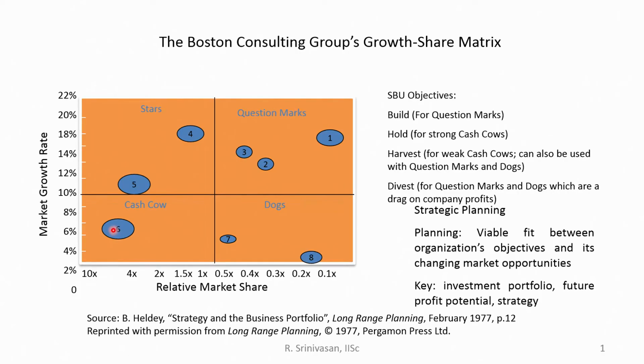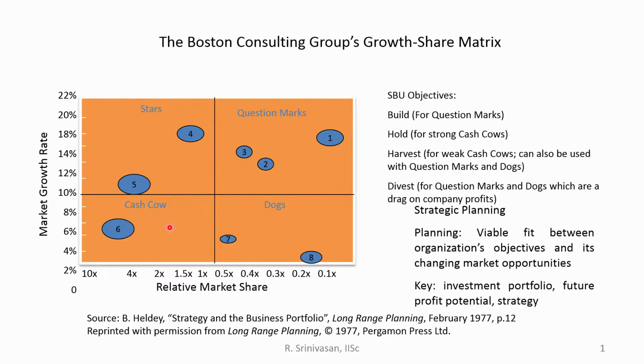From the cash cow stage, an SBU moves towards dogs. Suppose the cash cow was not a very strong cash cow, let us say it was here, then it is a weak cash cow. When it is a weak cash cow, you have two options.